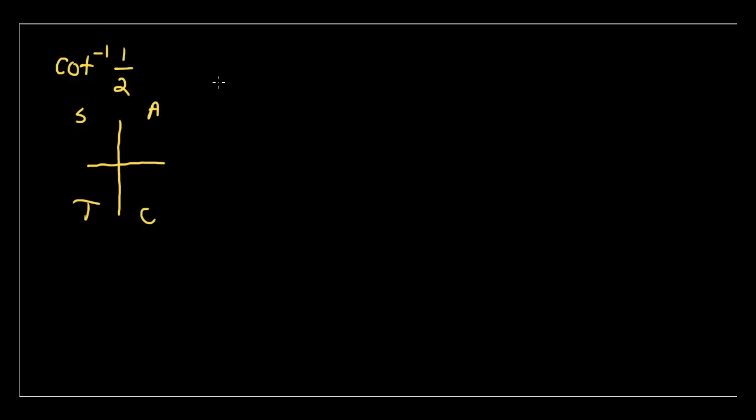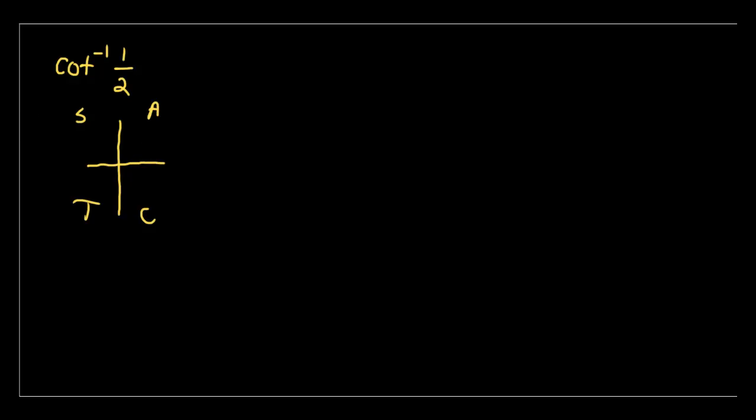But we're going to use the inverse cosine. The inverse cosine limits us to the first and the second quadrant. The inverse cosine is positive in the first quadrant and negative in the second quadrant. Therefore, our triangle is going to be drawn in the first quadrant.